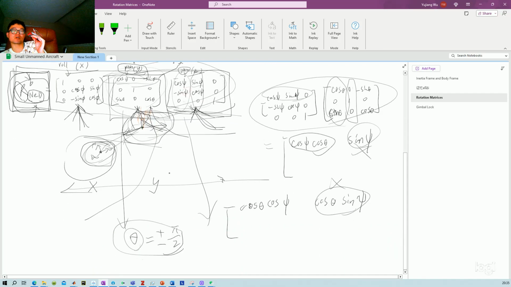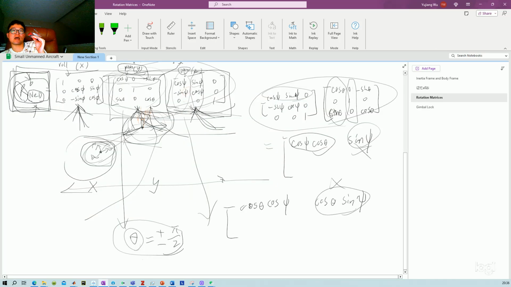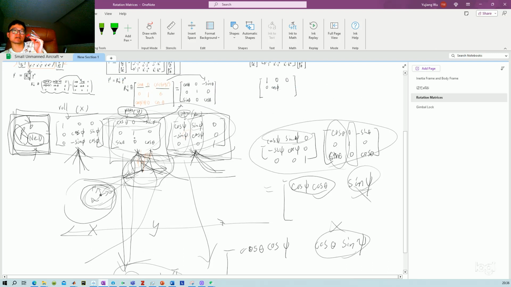So it's not really that your plane cannot move in this direction. It is because the computer needs a way to understand how you want to move, and in this case it is just mathematically undefined, and then it cannot move freely.